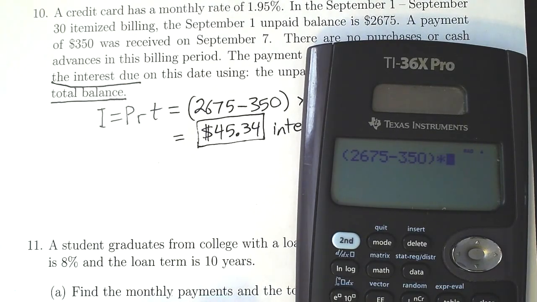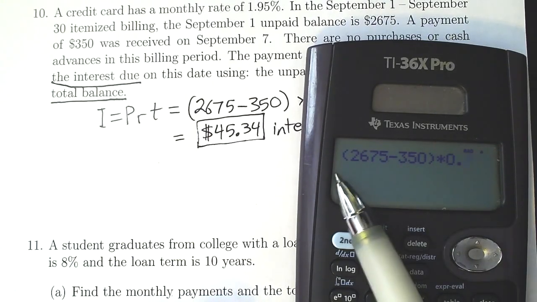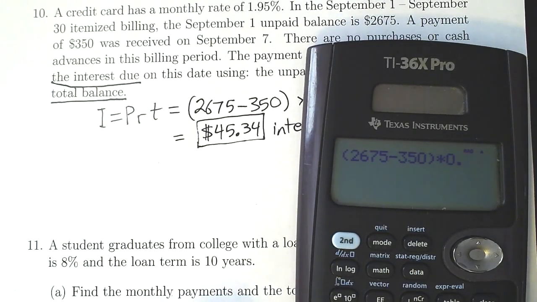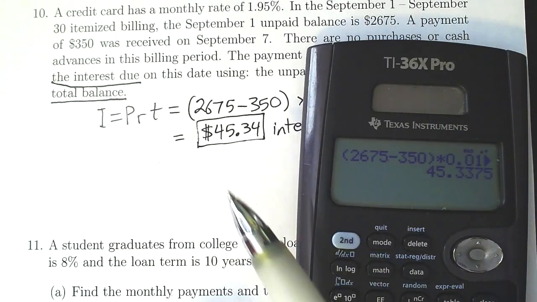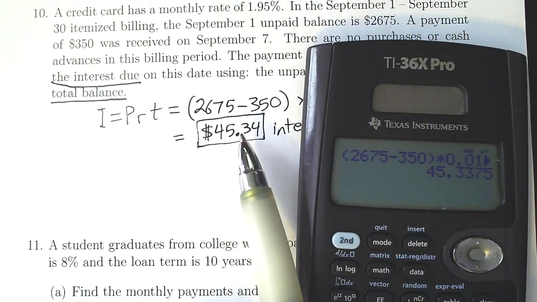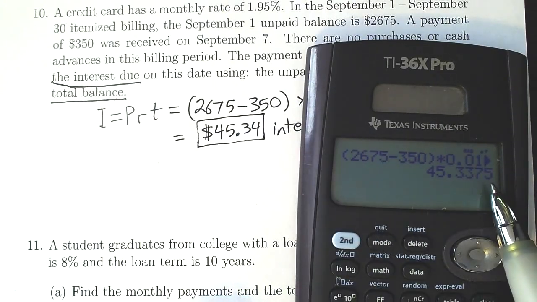And then I do times 0.195 times 1. I'll hit enter. All right, so I got this, and you can see that I rounded off to the nearest cent, which was 45.34.